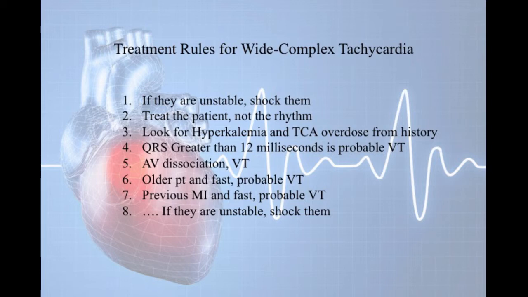AV dissociation is probably VTAC. Older patients and fast is probably VTAC. I think you can see a trend here. And if they have previous MIs and it is fast, it's probably VTAC. And then you go back to rule number 1, which is also number 8: if they're unstable, you synchronize cardiovert them or defibrillate them.